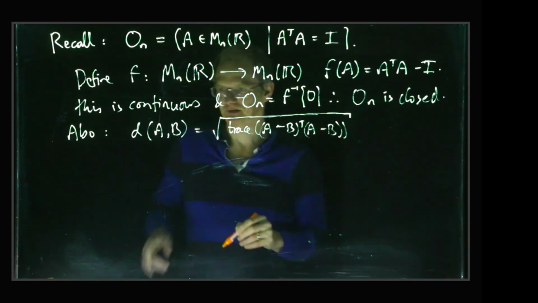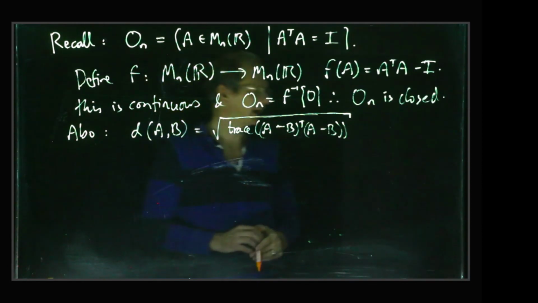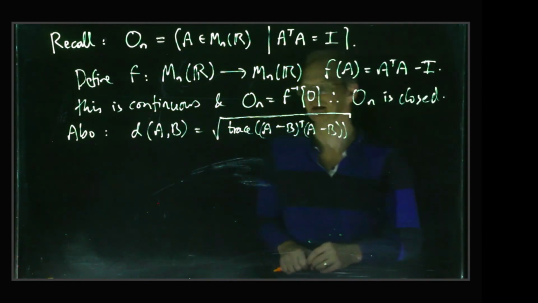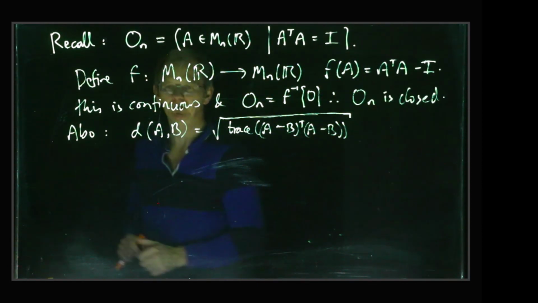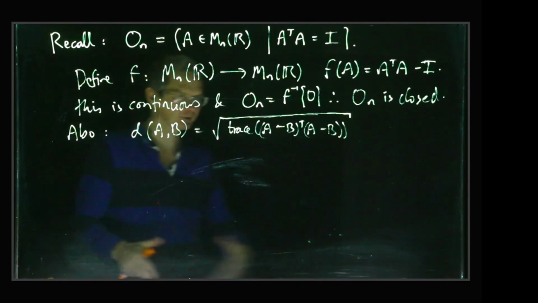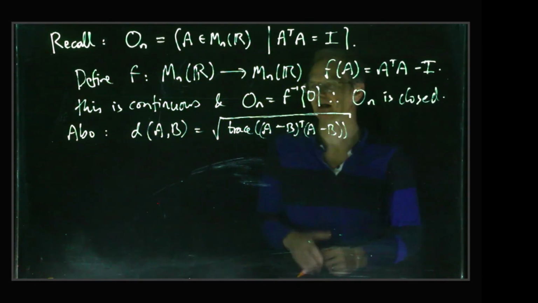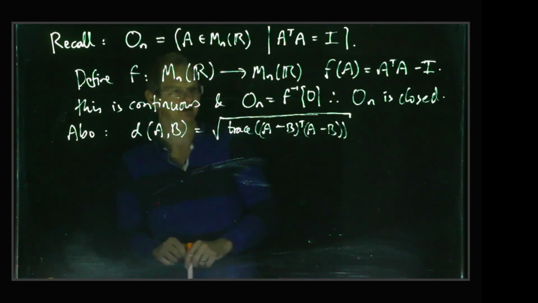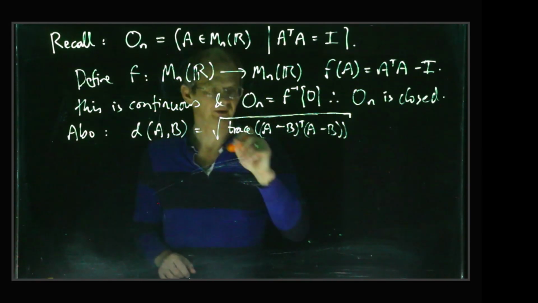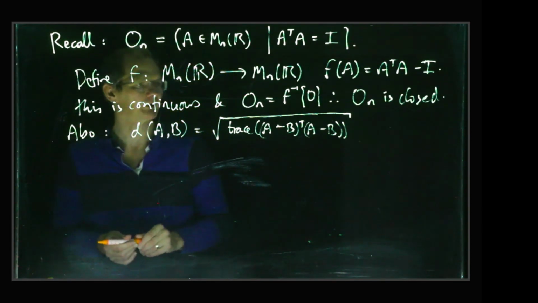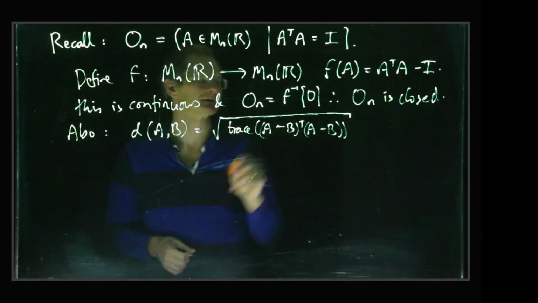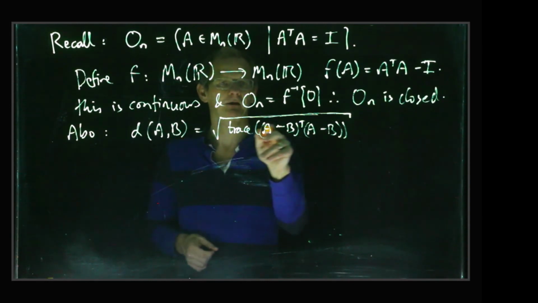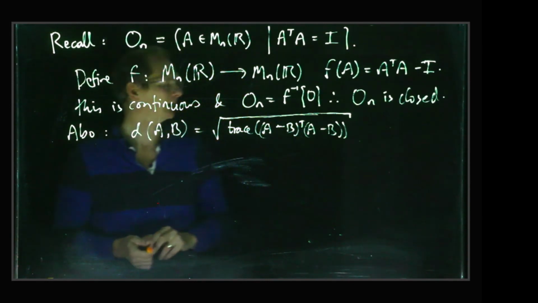We identify the space of matrices with R to the n squared in the obvious way. A matrix is just n squared numbers written in a table. You could just write them out in a row and then they'd be a vector. So MnR is basically R to the n squared. And we explained before that the ordinary Euclidean norm turns out to be the same as this kind of thing here. You take the trace of A transpose A, and that's your norm.